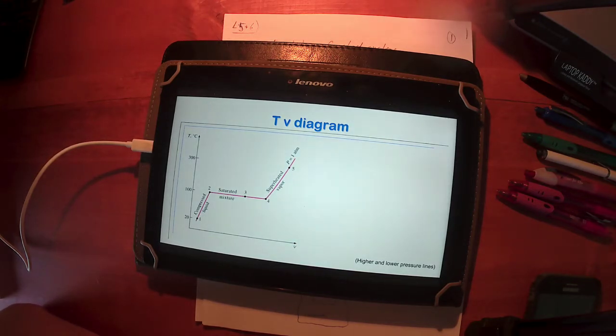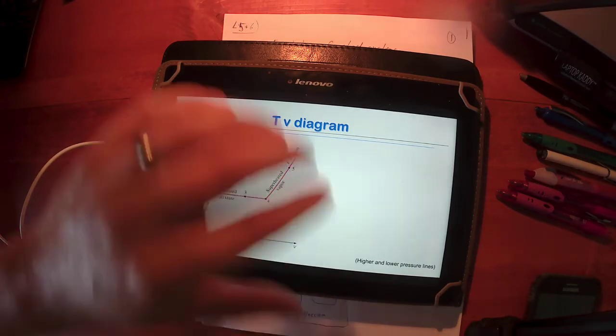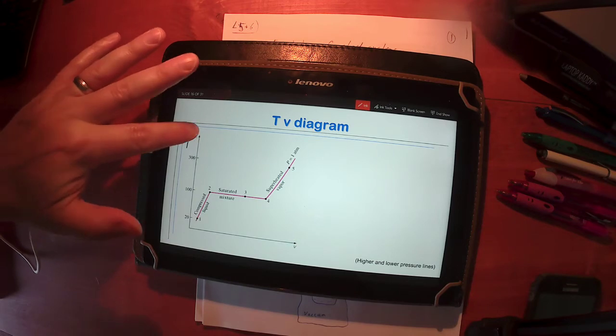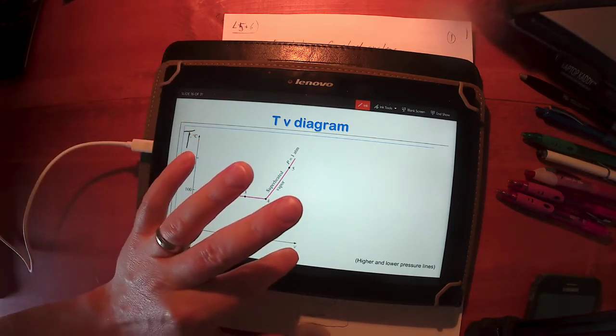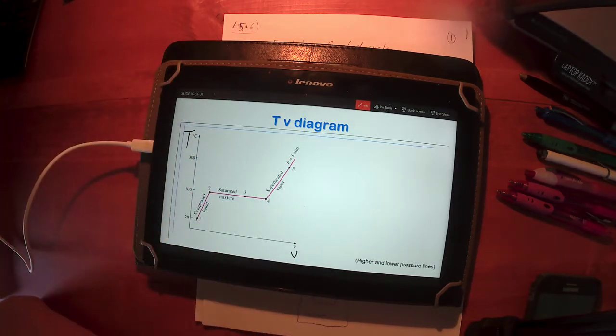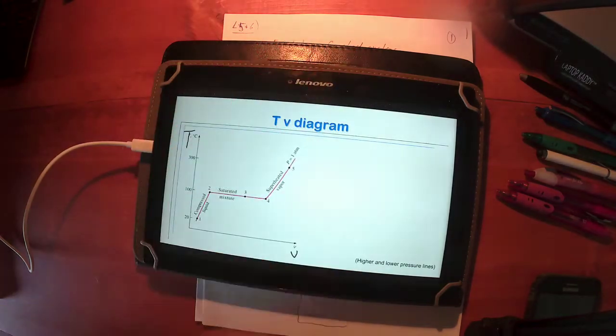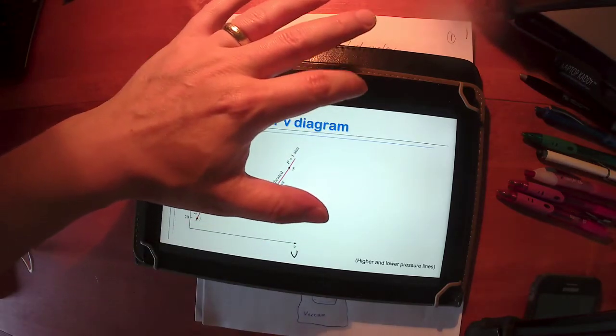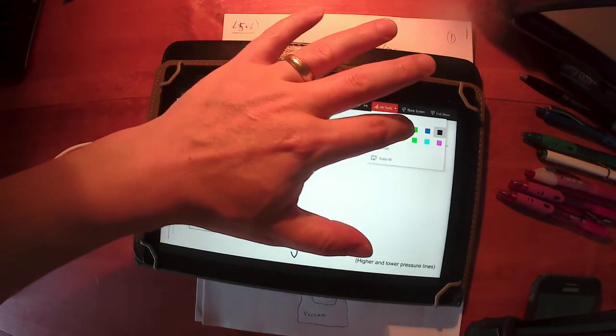All right. So back to this diagram from earlier. By the way, I think you can see this, but we'll enlarge it. This is temperature on the y-axis, the vertical axis, and specific volume, that's volume per unit mass, on the x-axis. Now, I've got myself a note here to draw.